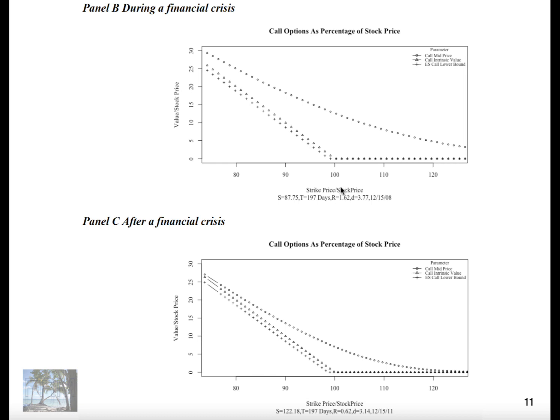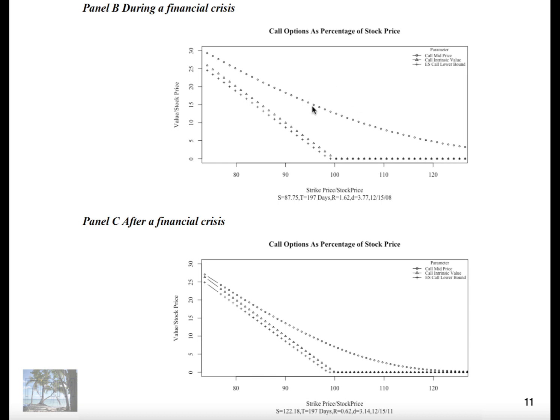What we observe now is that the dividend yield is in excess of the interest rate, and that causes the boundaries to flip. The intrinsic value is actually higher than the European style lower bound. Although it's difficult to see here, the option prices are trending towards zero as I go further out of the money, and they're trending towards the highest lower bound when I go further in the money.